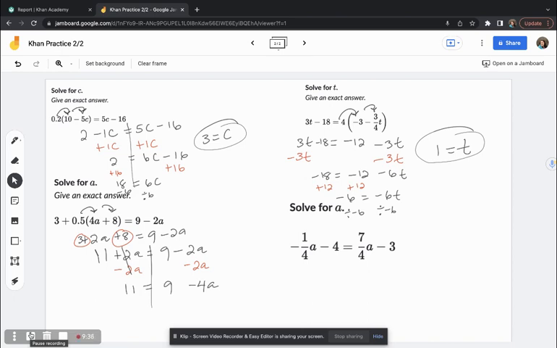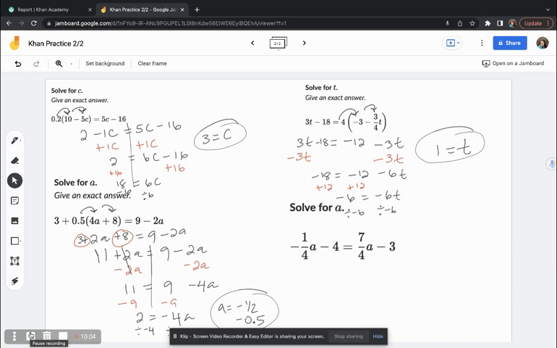And then I'm going to subtract 9 on both sides. 11 minus 9 is going to give us 2. So 2 equals negative 4a. Then I'm going to divide by negative 4. And we're left with a equals, and this will give us negative 1/2 or negative 0.5.